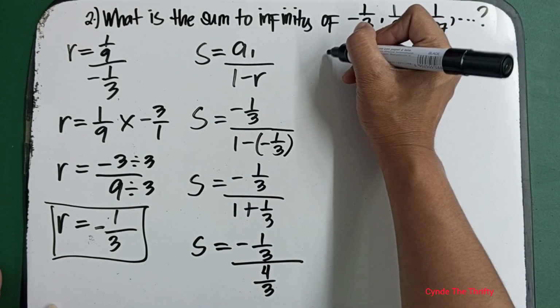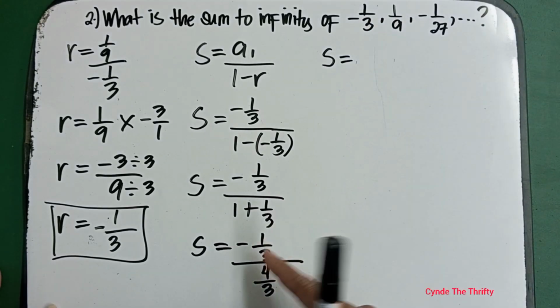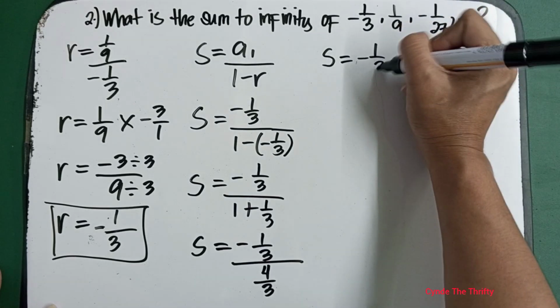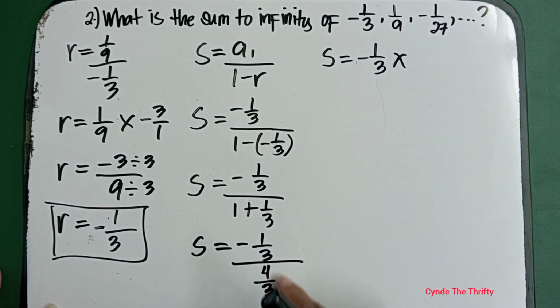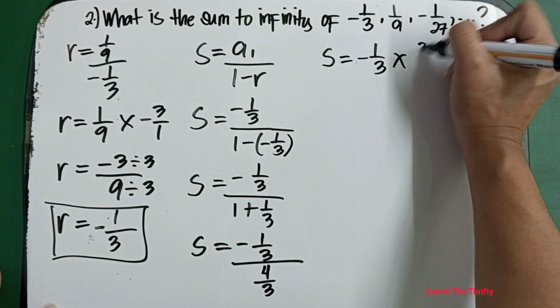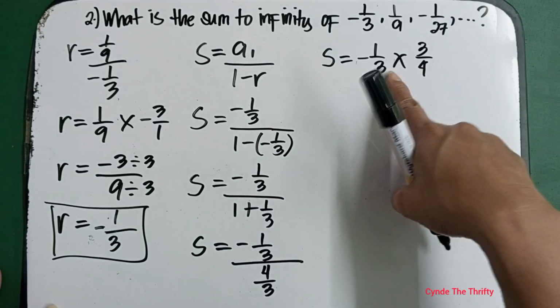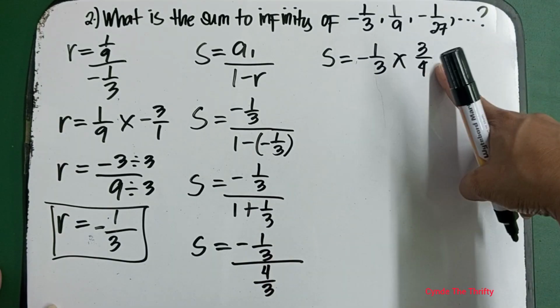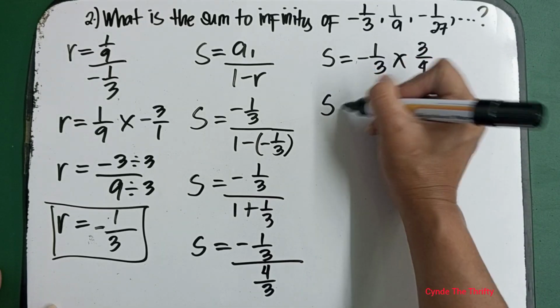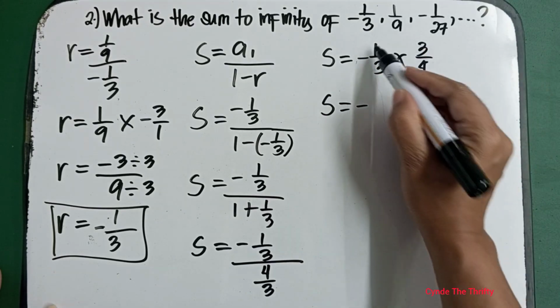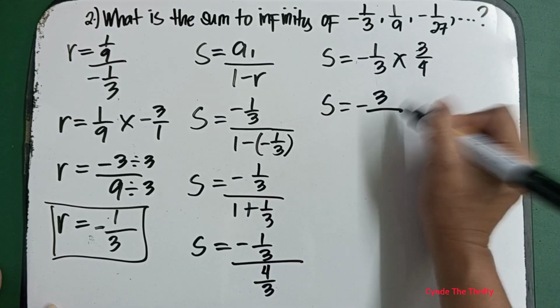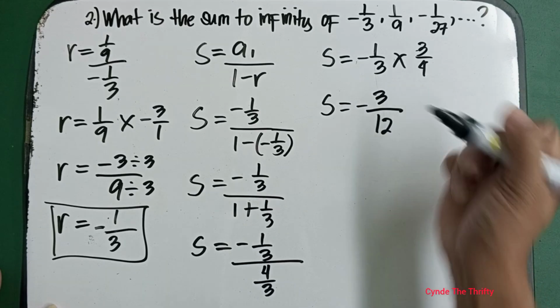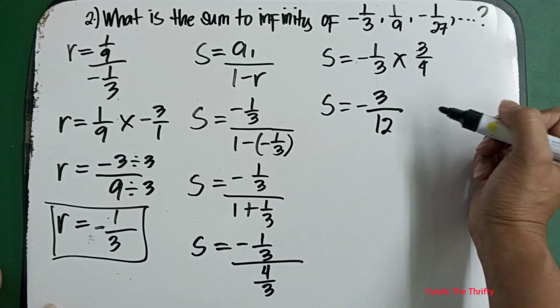I-continue lang natin dito. So, sum to infinity is equal to negative 1/3 multiplied by the reciprocal of our 4/3 is 3/4. Okay, so si division ginawa nating multiplication at si 4/3 ginawa nating 3/4 kasi reciprocal. So sum to infinity is equal to negative 1 times 3 is 3 over 3 times 4 is 12. Okay, so hindi pa ito yung final answer natin.